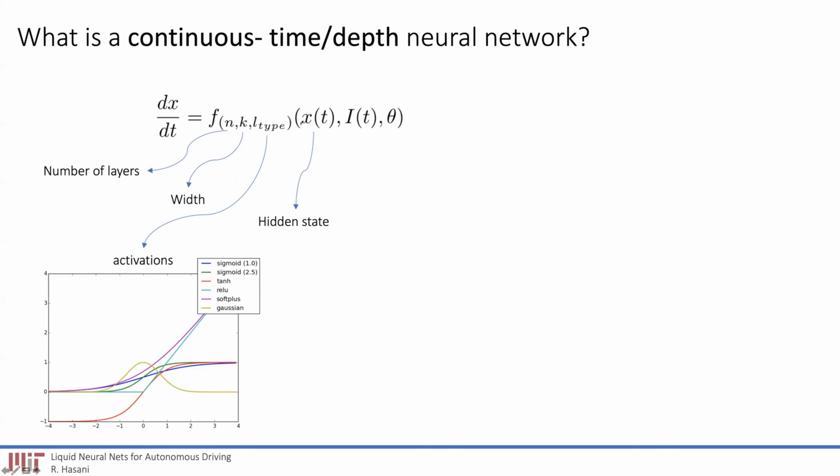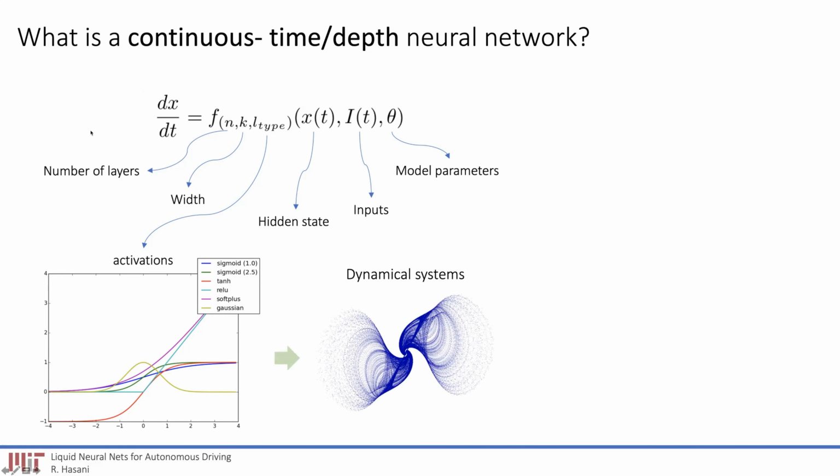It receives inputs from the hidden state, basically it might have recurrent connections. It receives inputs I, and it's parameterized by theta. And it gives rise to the right-hand side of a differential equation of this sort that can create a dynamical system out of a neural network.